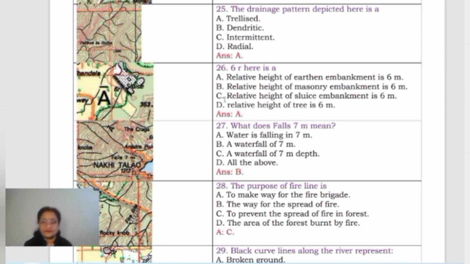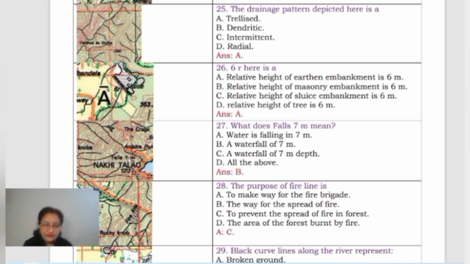Now after this come to the next one. Next is, what does falls 7M mean? Wherever, children, it is written along a line indicating a stream, over which it is written falls, and some number is mentioned, that means there is a waterfall present over there, and the number indicates the height of the waterfall. Let's see what it is here.